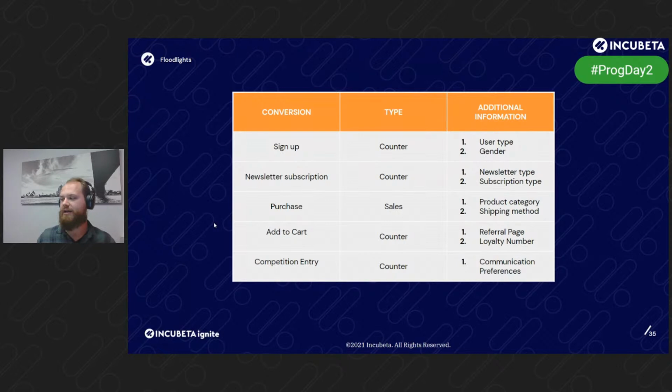And then you could find out more about the product information or your shipping information on your purchase floodlight, et cetera. There really is a lot of value in adding custom floodlight variables to build out the context of each conversion, and not just understanding that a conversion happened, but understanding where it came from, and what other information we can get from that user.